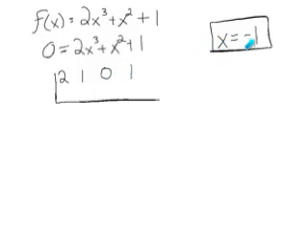So now we are going to use -1 to synthetically divide, and so we bring down the 2, multiply it by -1, we get -2. Add these together, -1, multiply by the -1, I'm sorry, -1 times -1 should be a +1.